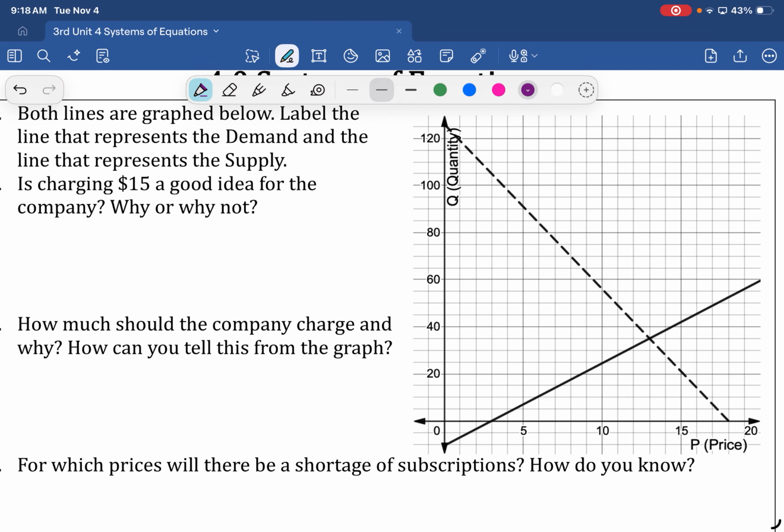So of the two equations, which one had a negative slope, supply or demand? Demand. So the line with a negative slope is demand. Which one has a negative slope, the solid one or the dashed one? So the dashed line represents our demand.